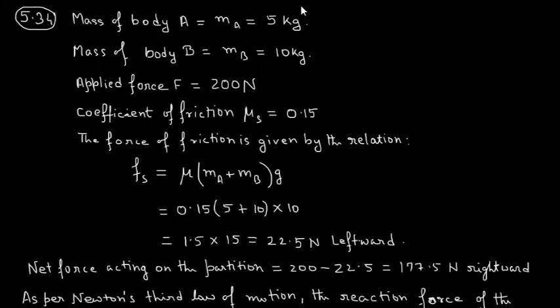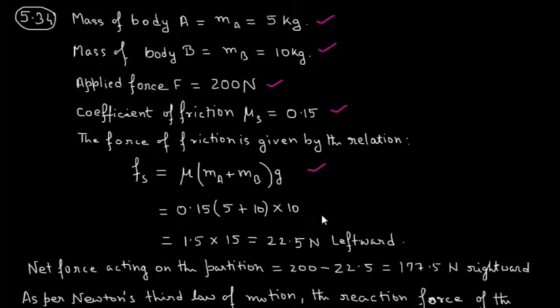Mass of body A is ma, 5 kg. Mass of body B is mb, 10 kg. Applied force F is equal to 200 Newton. Coefficient of friction mu s is equal to 0.15. The force of friction is given by the relation Fs is equal to mu (ma plus mb) g.